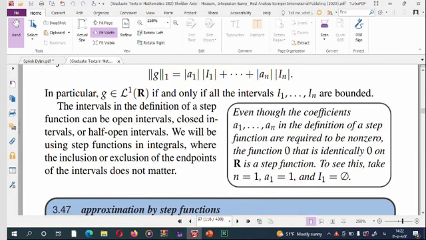Even though the coefficients a1, up to an in the definition of a step function are required to be non-zero, the zero function that is identically zero on R is a step function. To see this, take n equal to 1, a1 equal to 1 and I1 equal to the empty set.